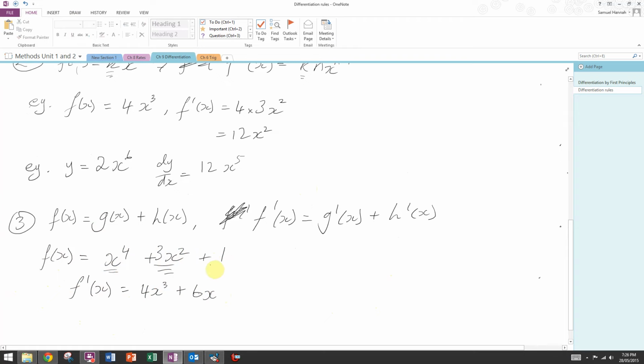And plus the derivative of a 1, which is 0, because that's just a constant term. So there we go, there's our final answer.